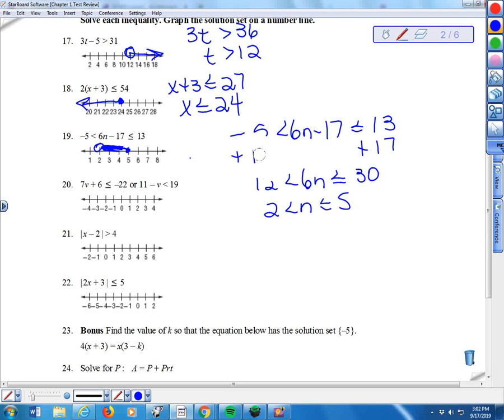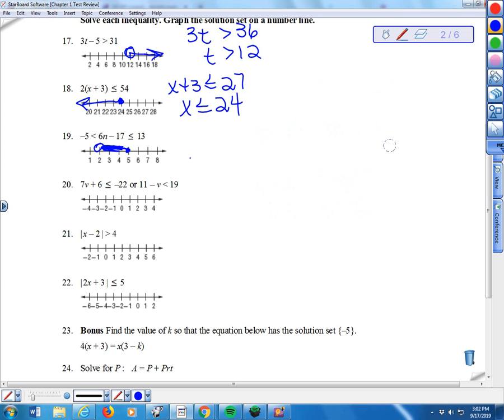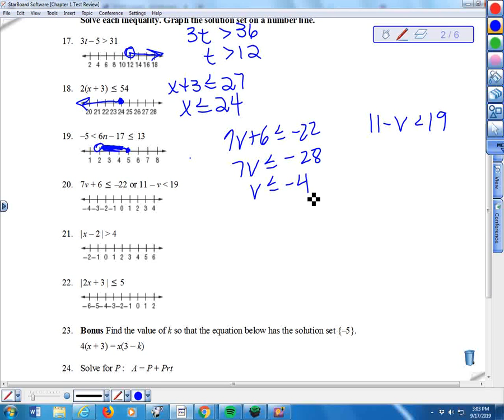When you've got a variable on more than just the middle, treat it like 2 different inequalities. Oh, I guess it is. It's or. I didn't see the or. So 7v plus 6 less than or equal to negative 22, and 11 minus v is less than 19. So subtract 6, which is negative 28, divide by 7, and then subtract 11.